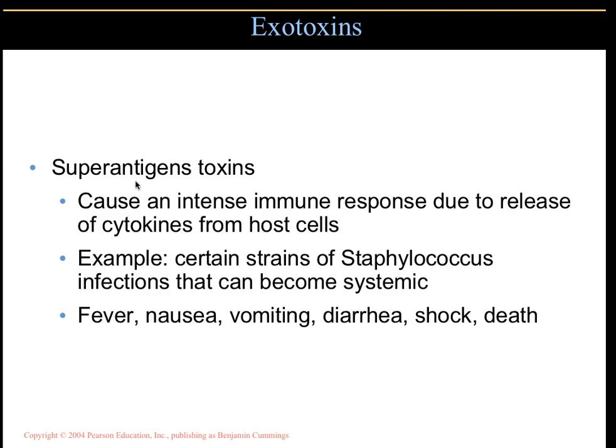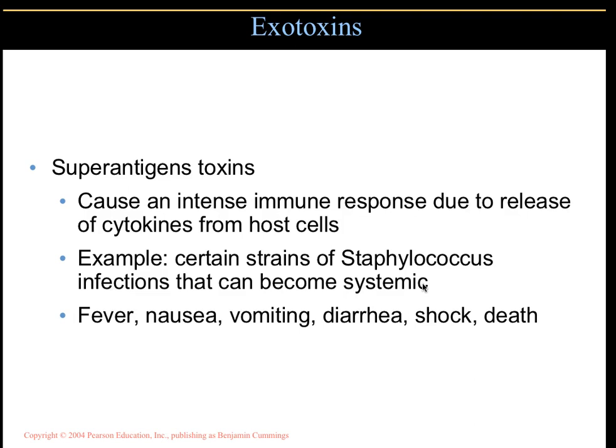Super means that they're super dangerous. And what makes them super dangerous is the intense immune response. So certain really virulent strains of staph infections, if they get systemic, it's just going to be a matter of time.